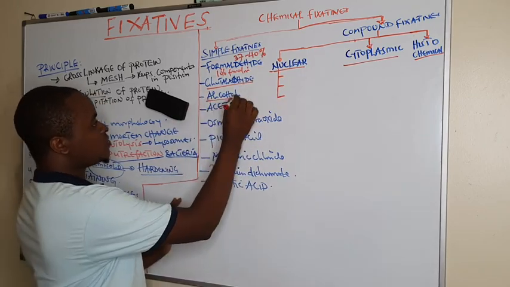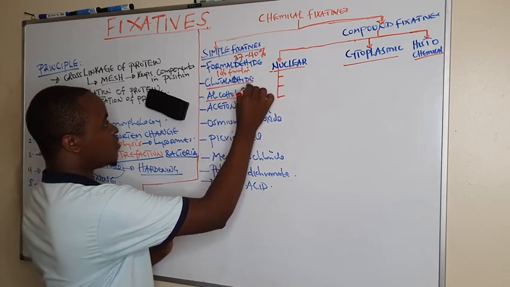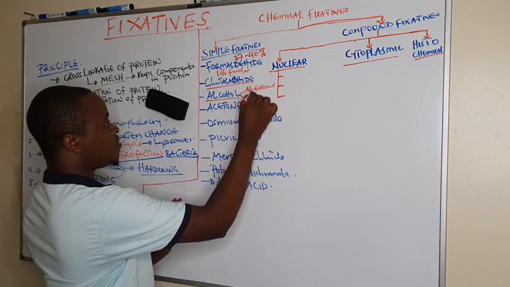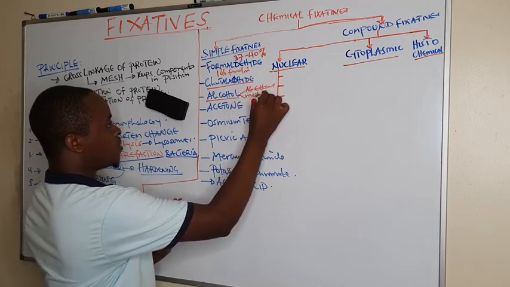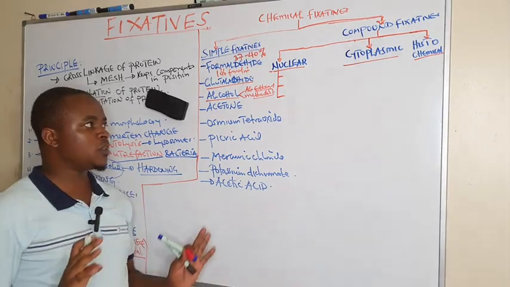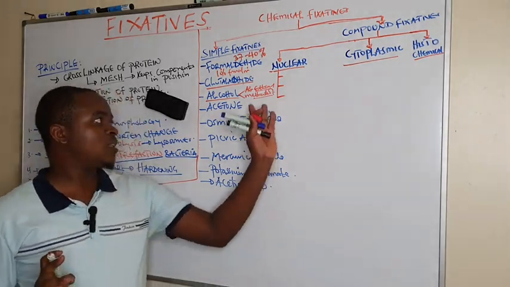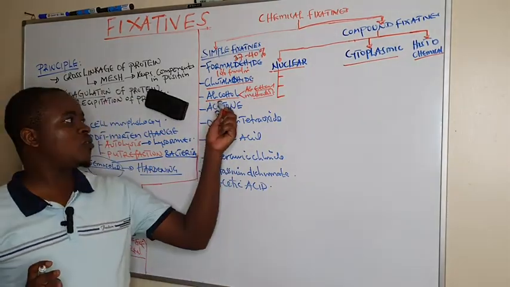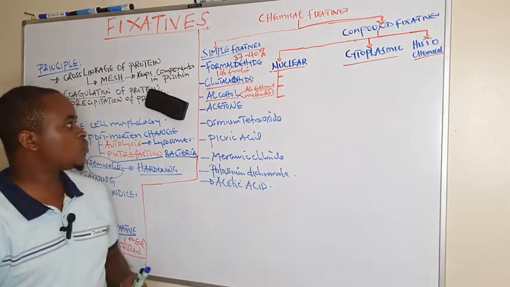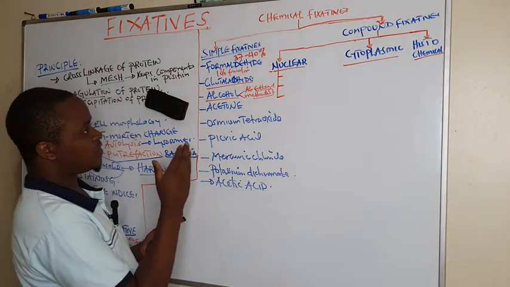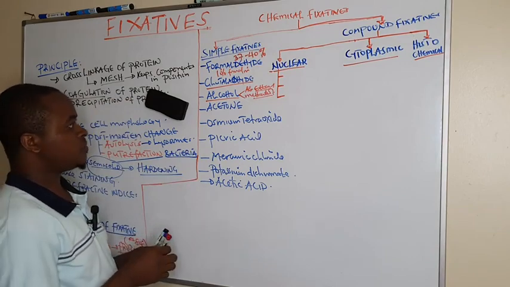For alcohols, we use either absolute methanol or absolute ethanol, which you can call ethyl alcohol. It is also a fixative, and it acts by coagulating proteins. This alcohol is not used alone; it is used majorly in Carnoy's fluid.